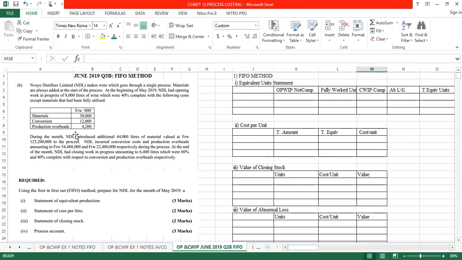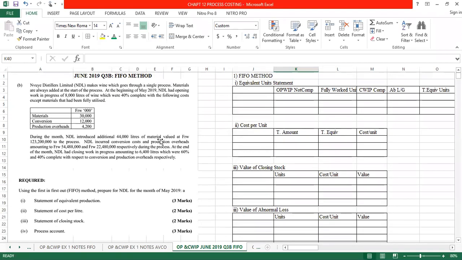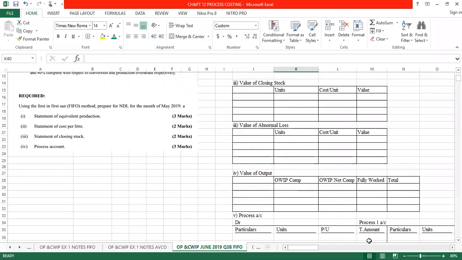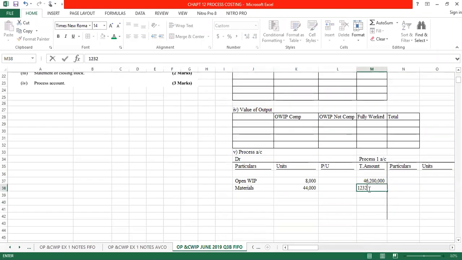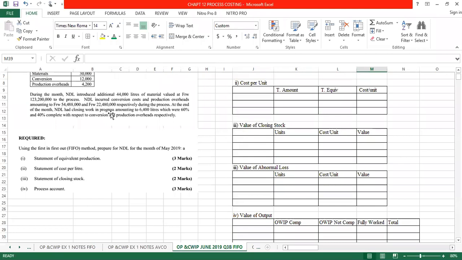So during the month, NDL introduced additional materials of 44,000 liters, valued at 123,200,000 to the process. So you can see that statement.